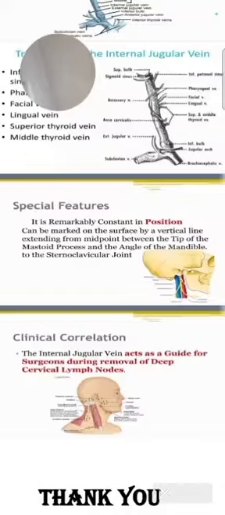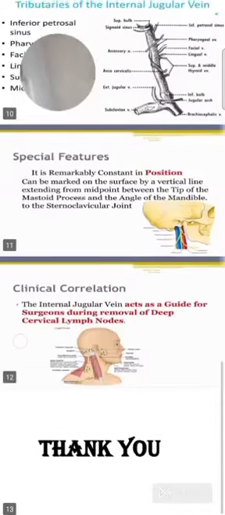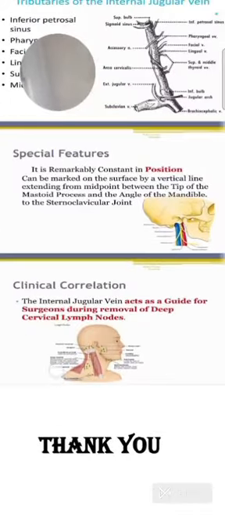So this line shows the surface anatomy of the internal jugular vein. So the clinical correlation: the internal jugular vein acts as a guide for surgeons during removal of deep cervical lymph nodes.